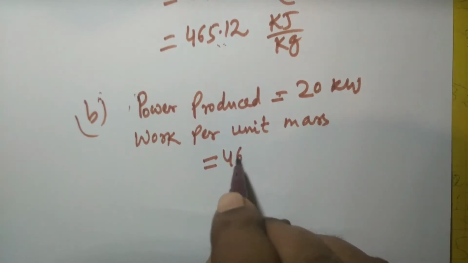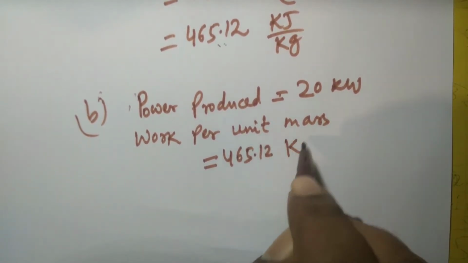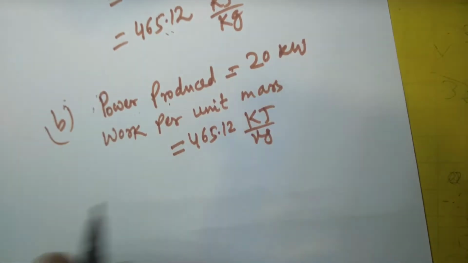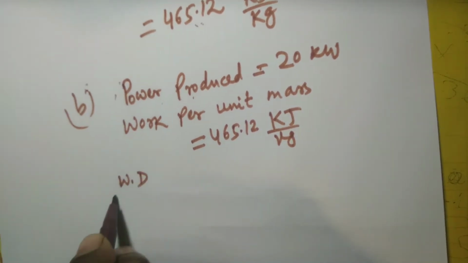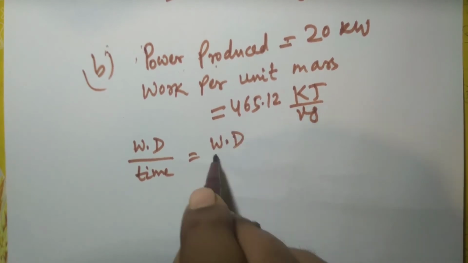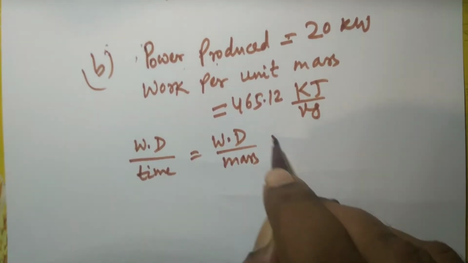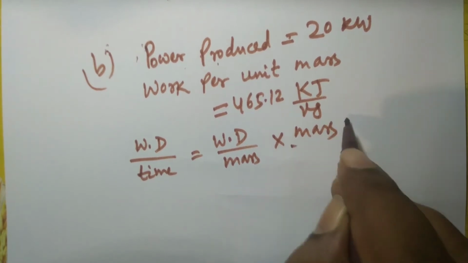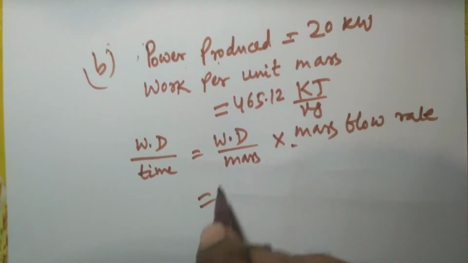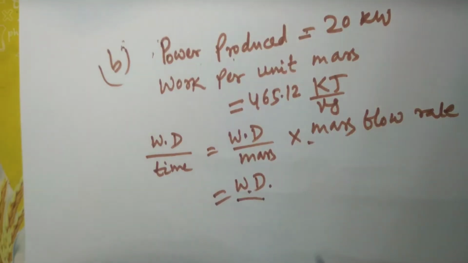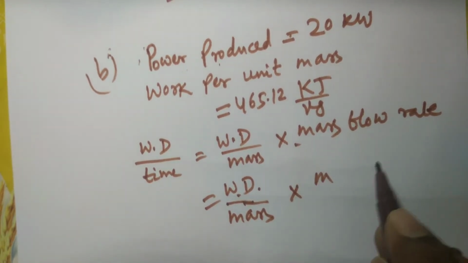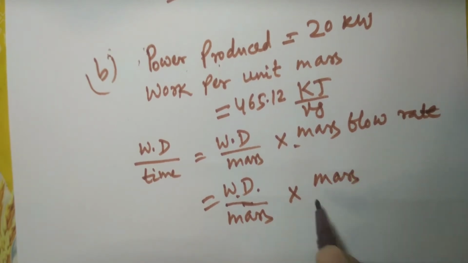What is the work produced? That is 465.12 kilojoule per kg. So power is rate of work output. So work done per time is work done per mass multiplied by mass flow rate, or you can say mass per unit time. Mass flow rate of steam is mass per time.